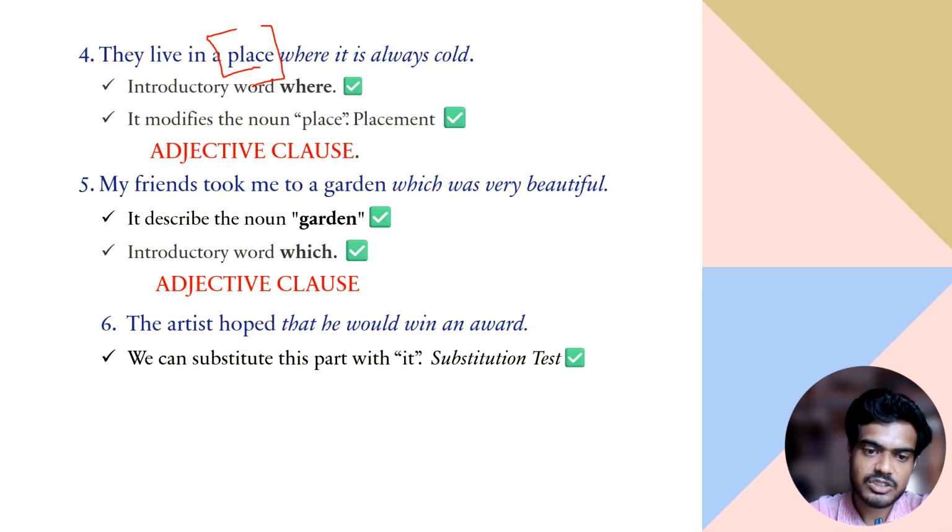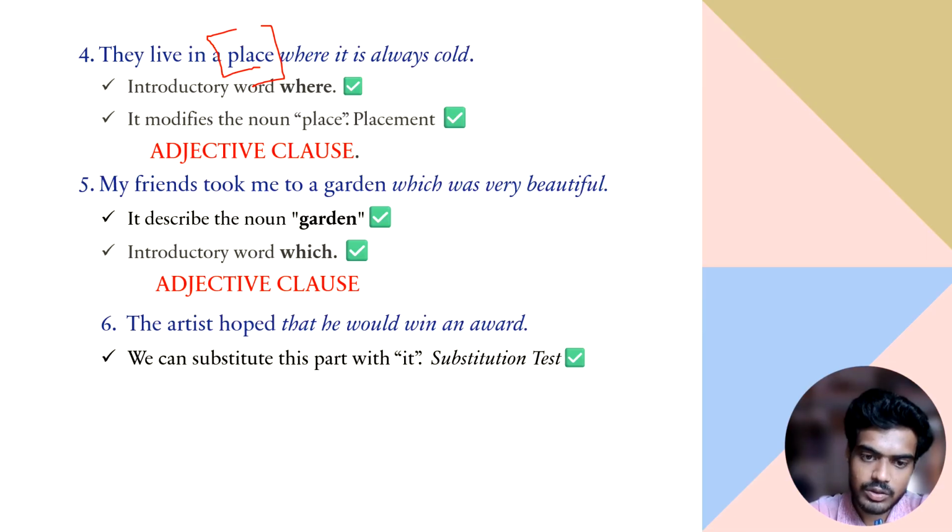It says, the artist hoped that he would win an award. How can we check this? We can substitute this part, that he would win an award, with the word it.